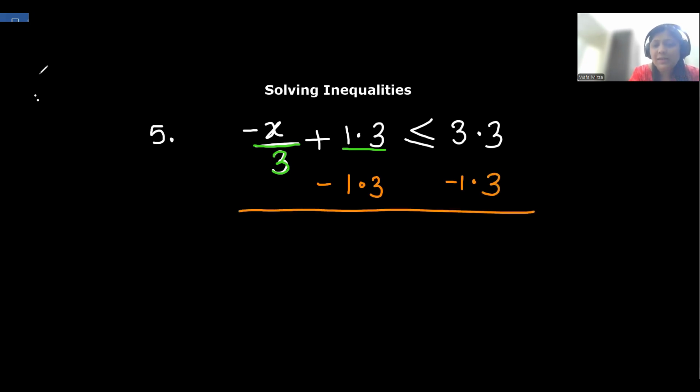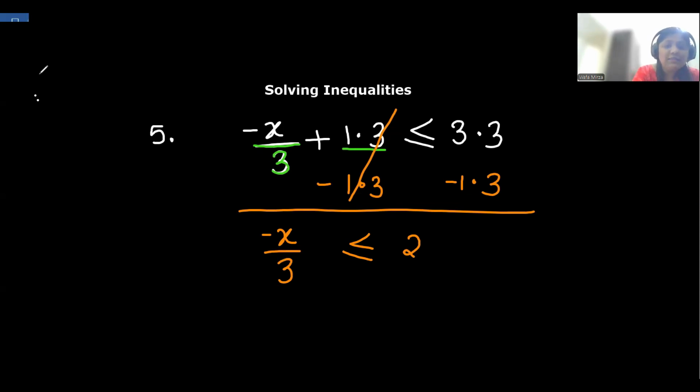Plus 1.3 minus 1.3 will become 0. Minus x by 3 is less than or equal to 3.3 minus 1.3, which is 2.0, or you can just write 2.